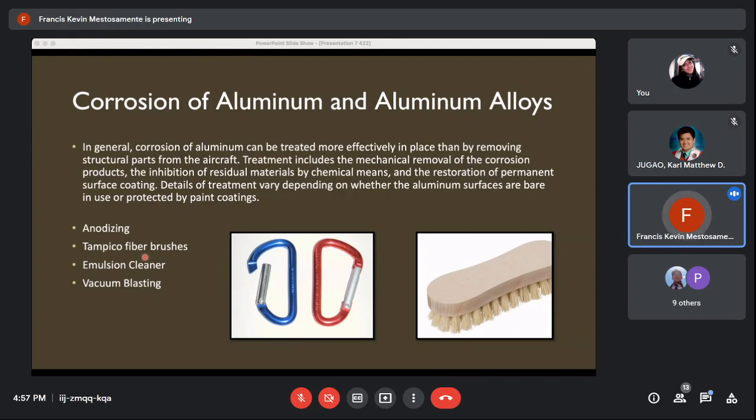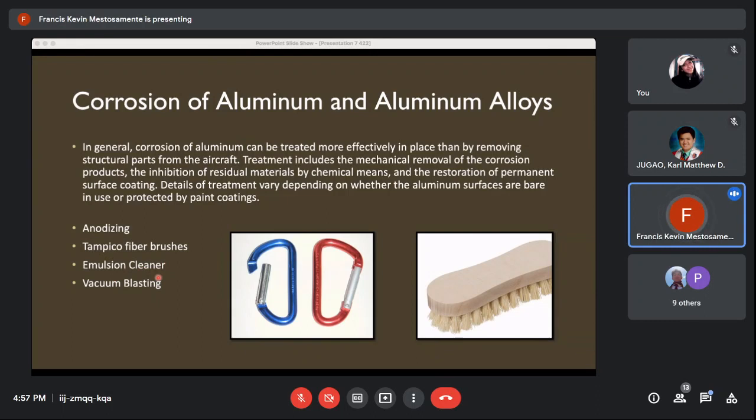One example is Tampico fiber brush. Ito yan on the right hand side. Para siyang brush na mas light kung compare natin sa mga ginagamit sa ferrous or sa steel, which could help remove corrosion on aluminum. Another example, mga emulsion cleaner.